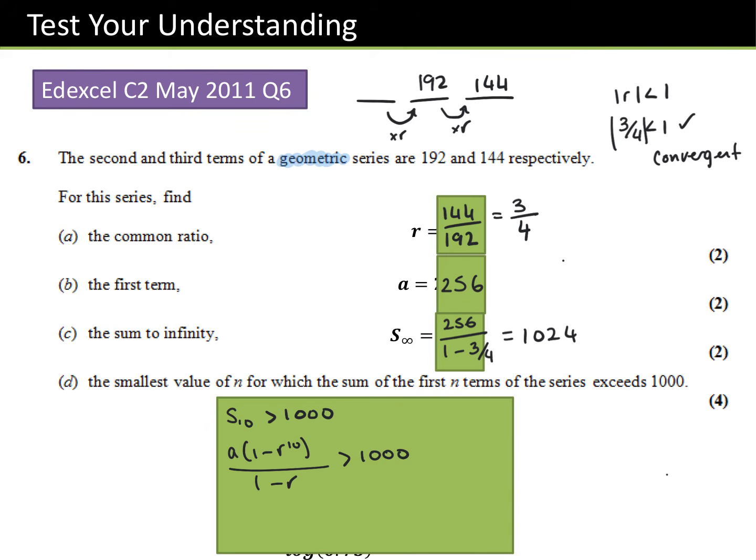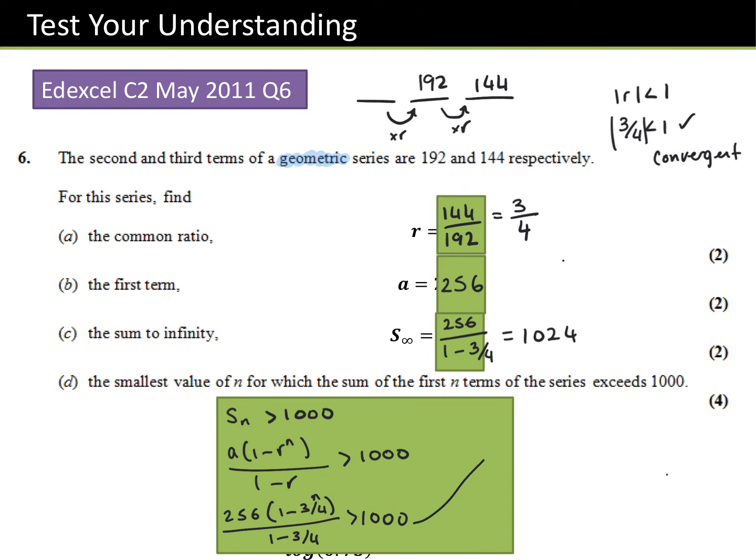I know my A is 256. So 256 lots of 1 minus 3/4. Sorry everyone. I don't know why I've put 10. It's supposed to be n. I think it's because I had 10,000 in my head. Okay, to the power of n over 1 minus 3/4 is greater than 1000.